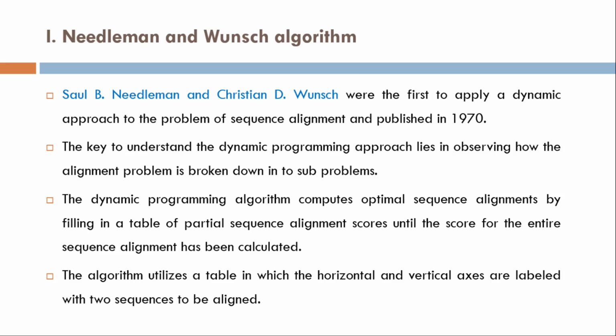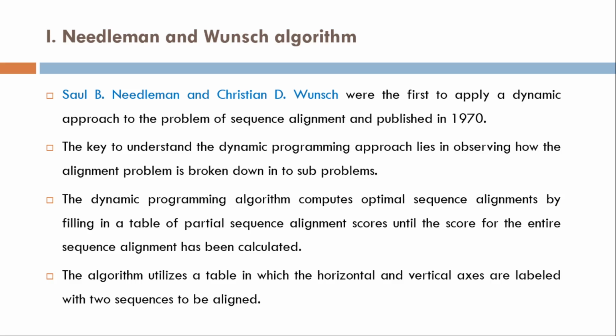And in pairwise alignment, there are two types of alignment. One, I told you, was global alignment, and the second one was local alignment. To solve the global alignment problem, one algorithm is known as the Needleman Wunsch algorithm. And for pairwise local sequence alignment, there is a separate algorithm that we'll see in the next lecture.